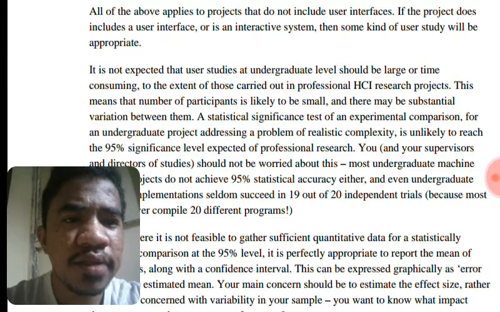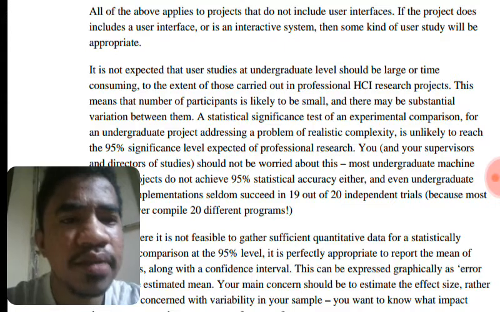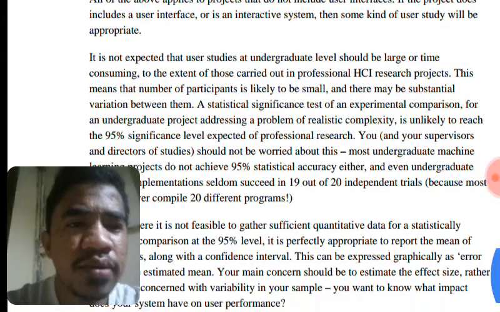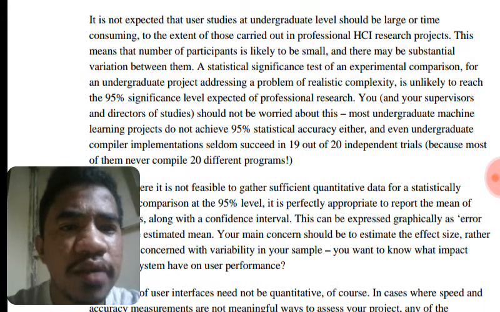A statistical significance test of an experimental comparison for an undergraduate project addressing a problem of relative complexity is unlikely to reach the 95% significance level expected of professional research. You and your supervisor and director of studies should not be worried about this.